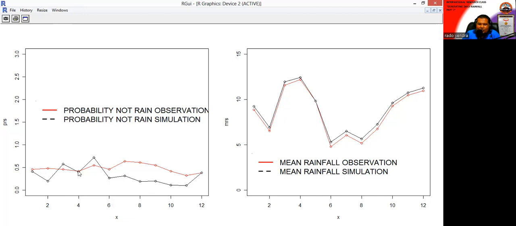And then for the probability of no rain, we can see that the probability of no rainfall using the synthetics data is very close to the real data. It means in April, we have the same number of zeros between the real data and the simulated, or synthetics, rainfall data.